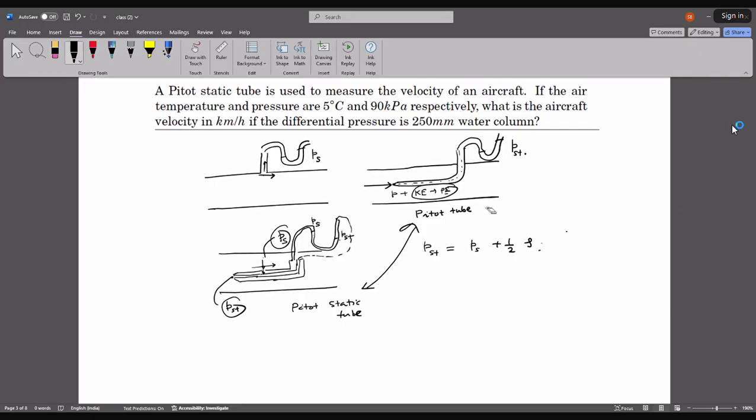This is just simply the kinetic energy, which will be half into V square by 2G. So this is the kinetic dynamic pressure head, this is the static pressure head.